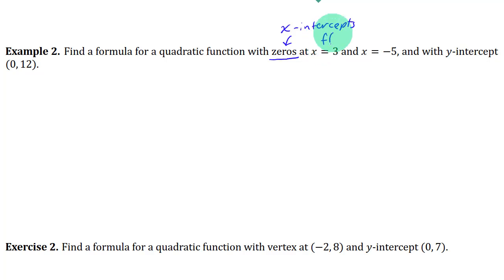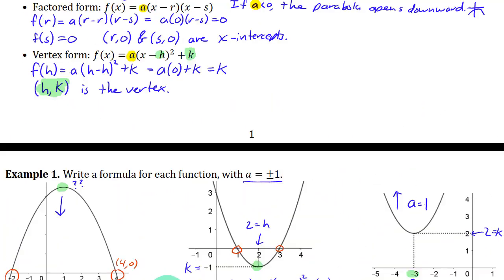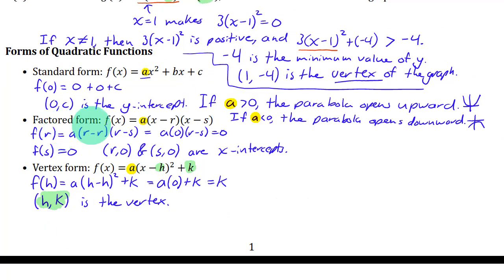So we want to get f of 3 equals 0 and f of -5 equals 0. If that's what we want to have, then we can write it in factored form. Looking back at the previous page, factored form tells you the zeros, also known as the x-intercepts.